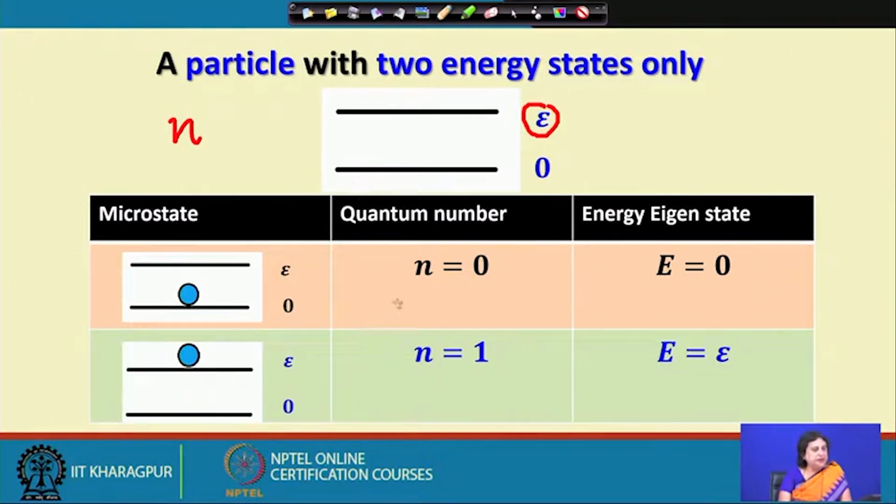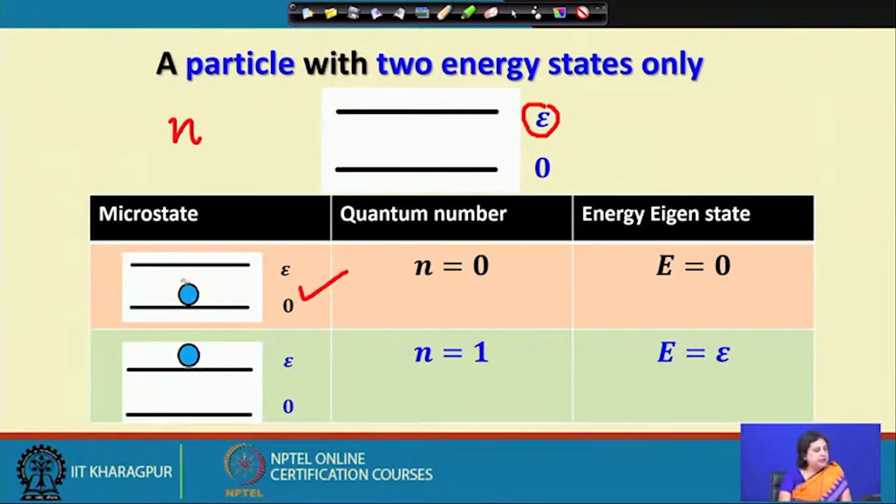So, typically let us say that the first allowed value of the quantum number is n equal to 0. Correspondingly, the energy eigenstate as shown here will be equal to 0, and this is going to be a typical representation of the microscopic state of the system.